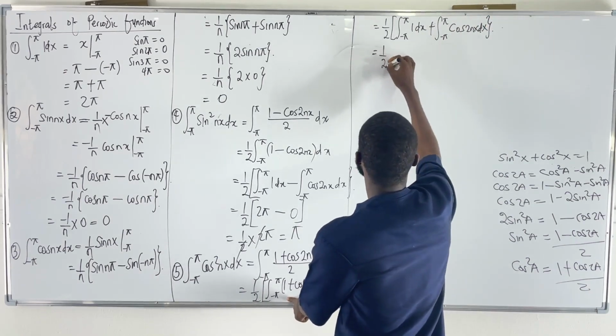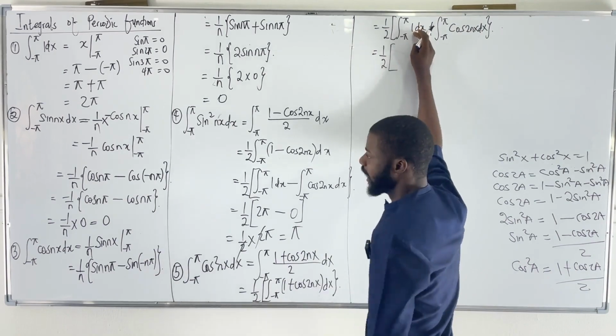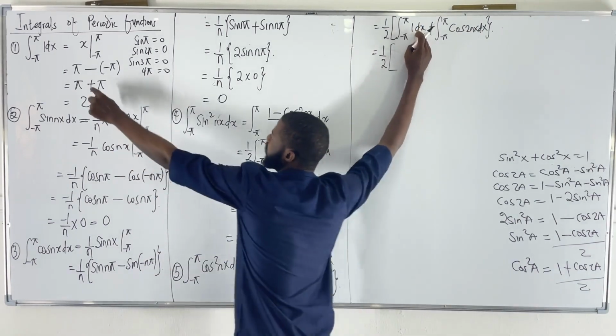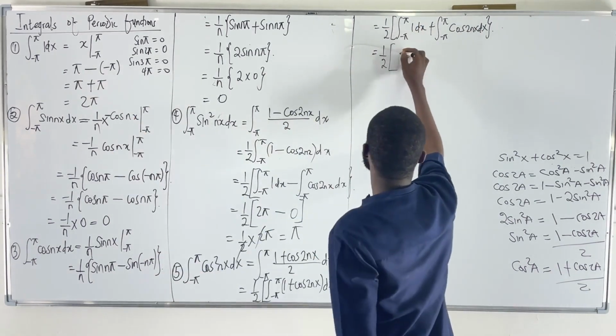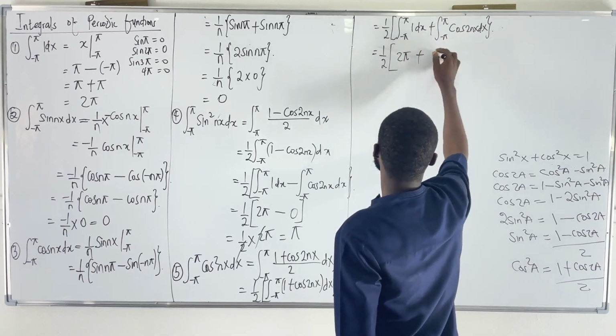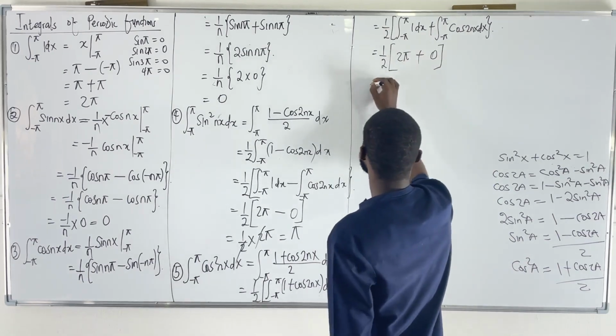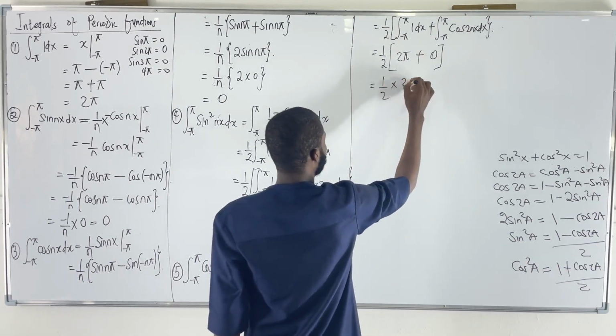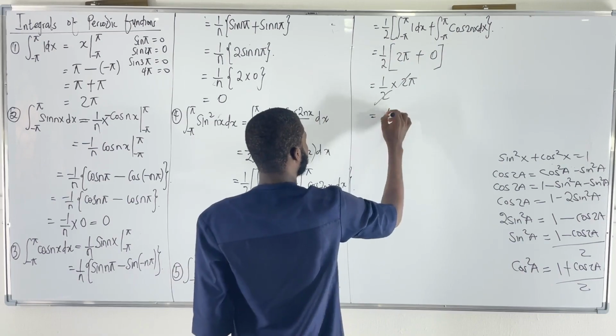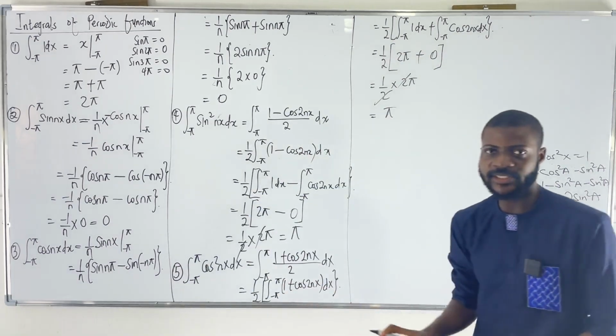So this is half. Now if you integrate 1, what would you get? You get 2 pi. That's 2 pi plus this, which is still 0. We've done that before, right? It's still going to be 0. So this is half times 2 pi. The 2 cancels out, so you're going to be having your pi. So you see that, right?